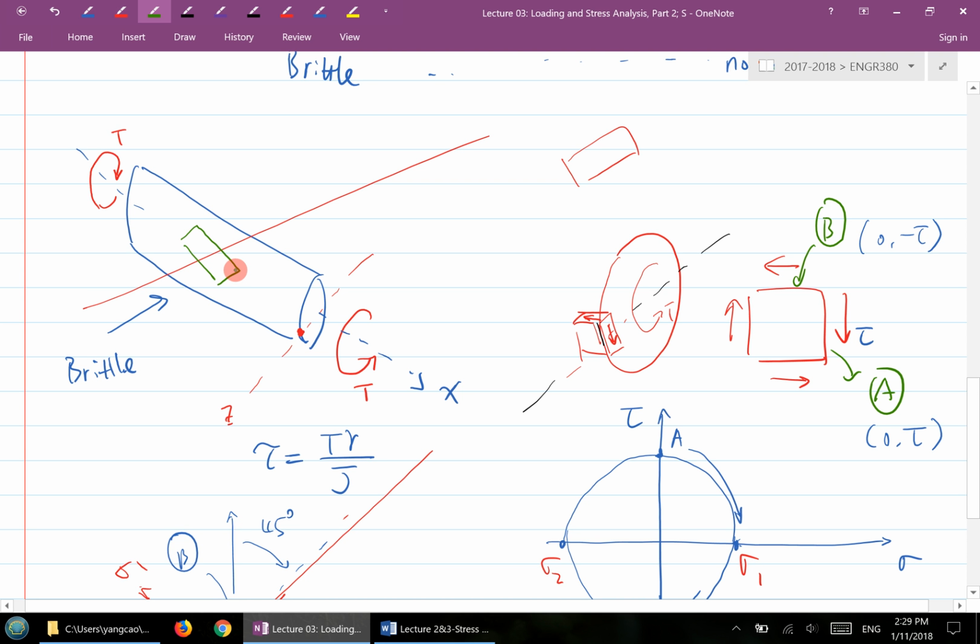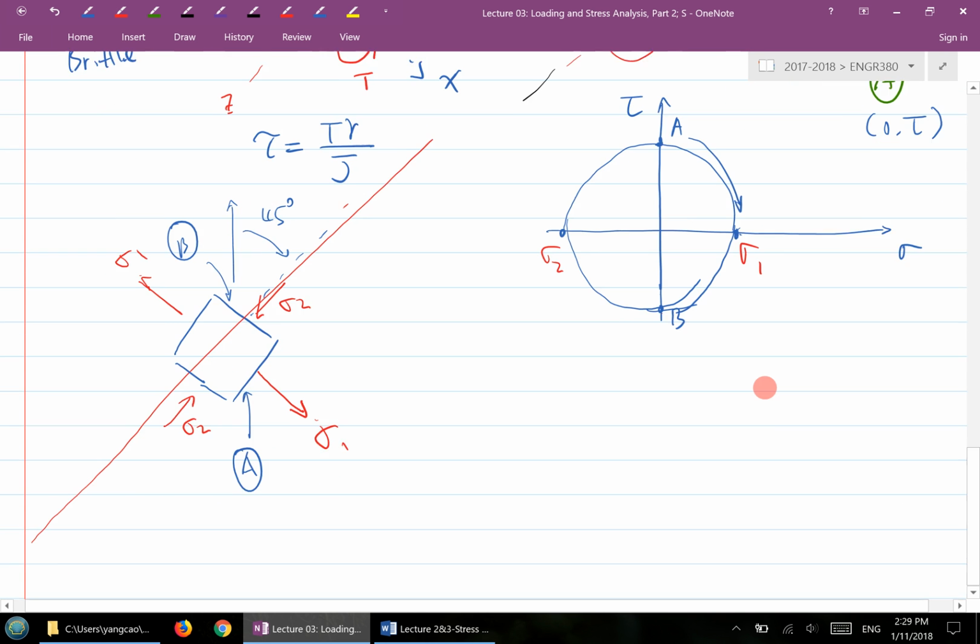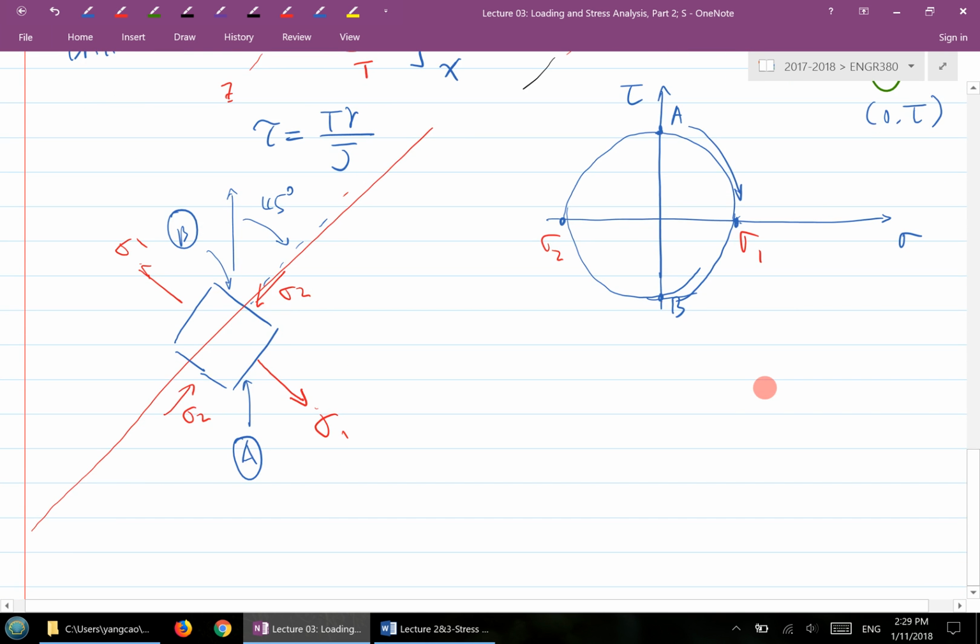So that's the usage of Mohr's circle. Very useful. In the first half of the class, I did mention Mohr's circle, but you don't have many Mohr's circle exercises. But if you have the skill of using Mohr's circle, I think it's quite useful for better understanding what's going on.